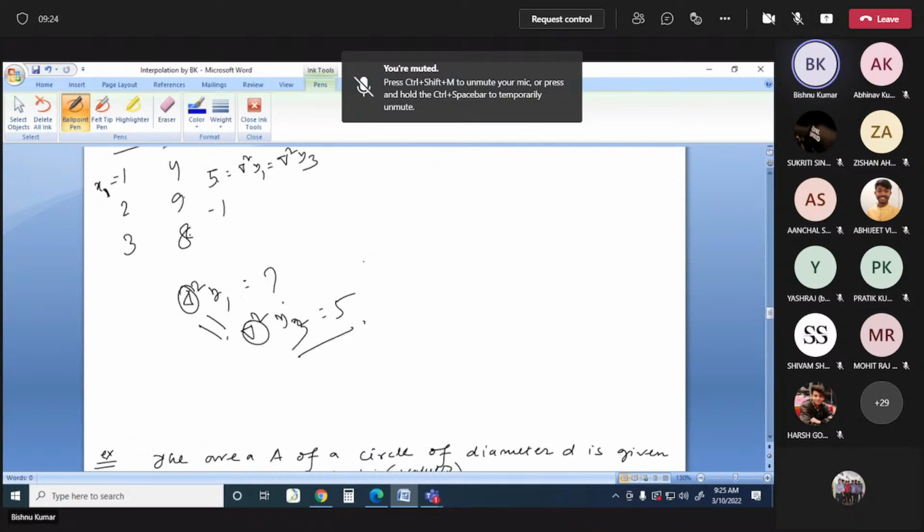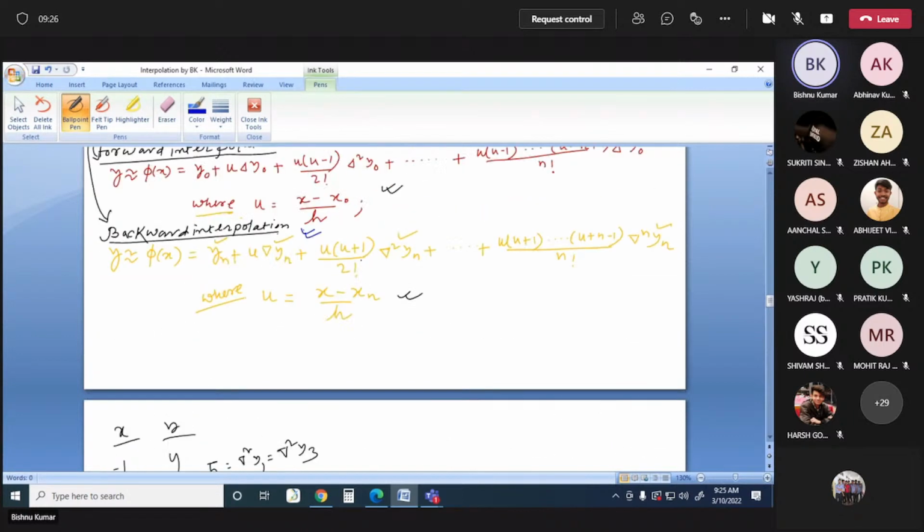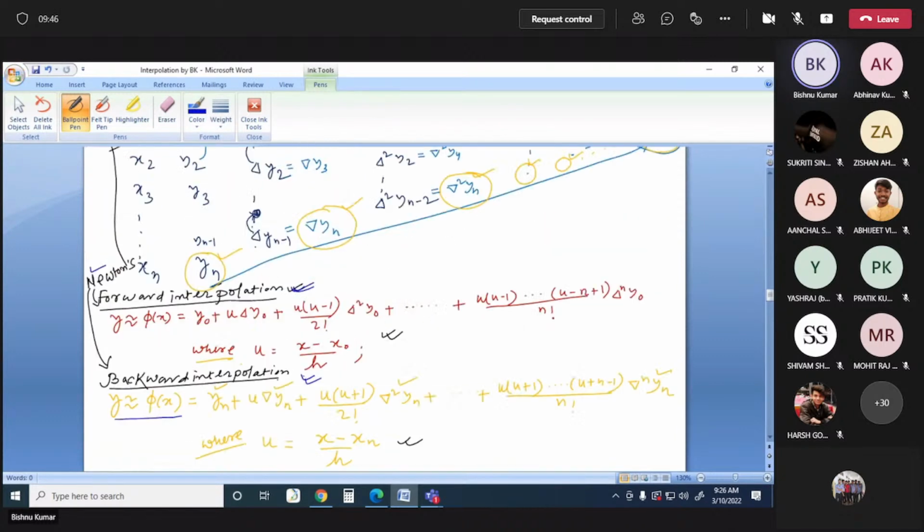You just see again a little overview of that formula, backward interpolation. Y is actually a function of x; that y is there in the question. Y is actually the area A, and x is the diameter D. So y equals f(x), written as yn, the last value in the difference table, plus u times grade yn.